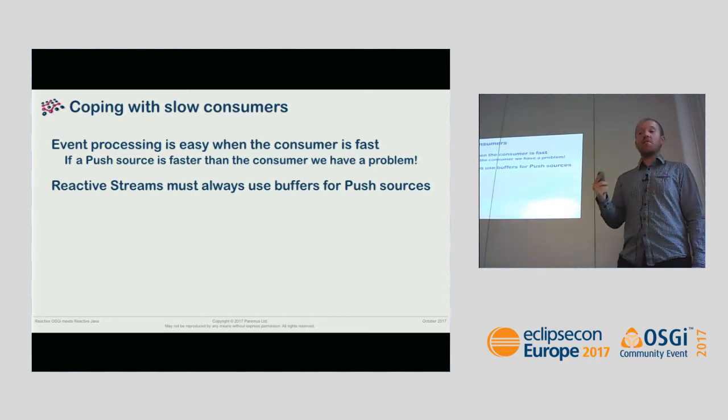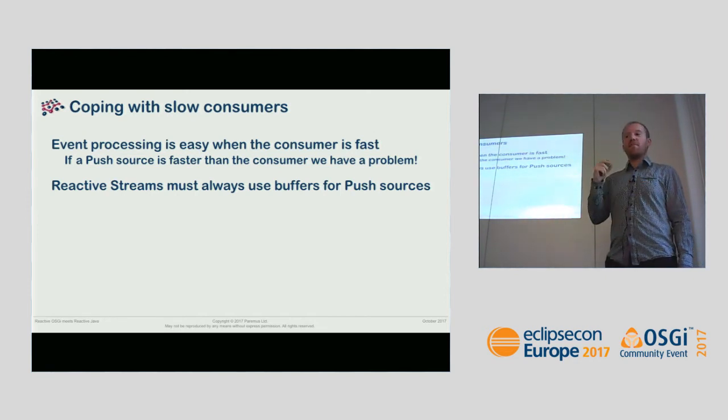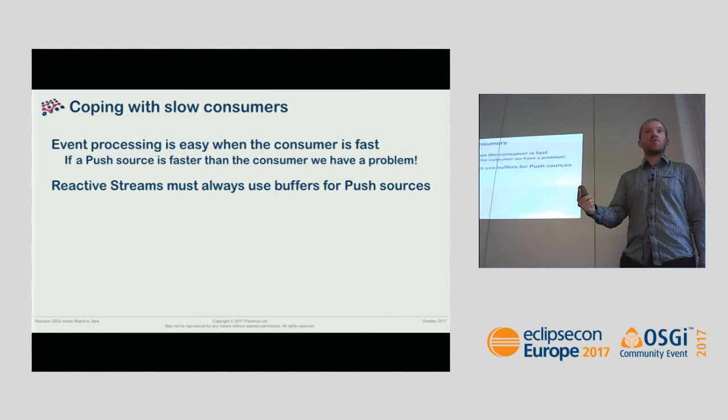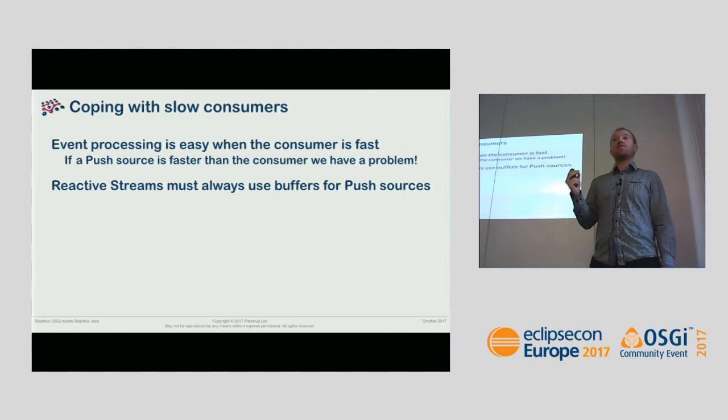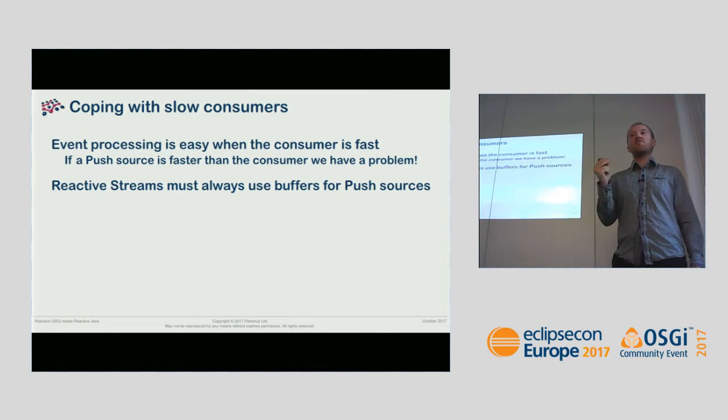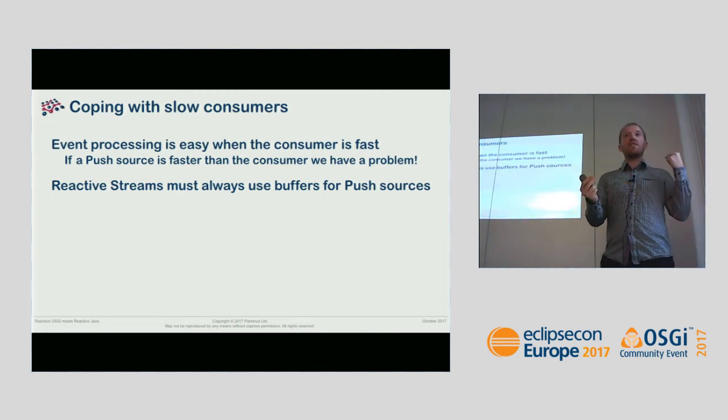A reactive stream must always buffer if you've got a push source, because the whole point of a reactive stream is it can only send you data when you request it, and if the data is arriving from the publisher asynchronously and at some kind of random interval, the data may arrive when you've not requested anything. And unless there's a buffer created, it will fail.